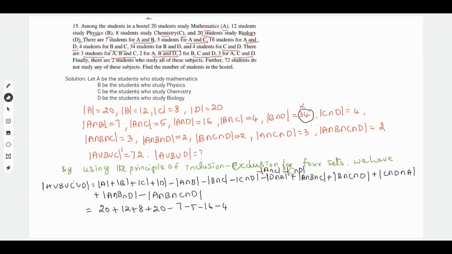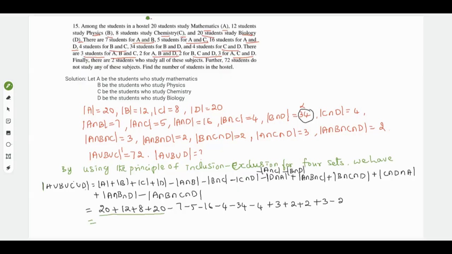We have 6 pairwise elements here, so it is 6. Then plus, it is 3 plus 2 plus 2 plus 3, and then minus 2.